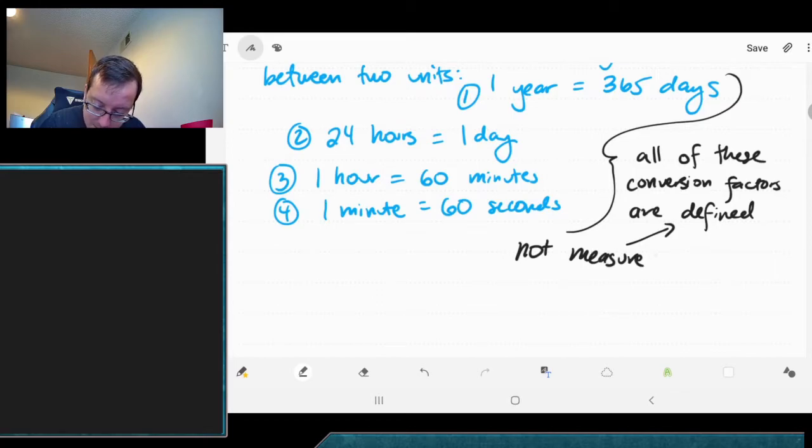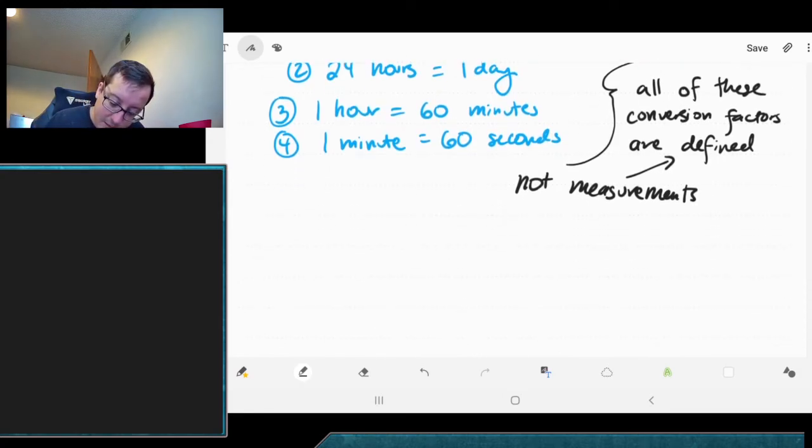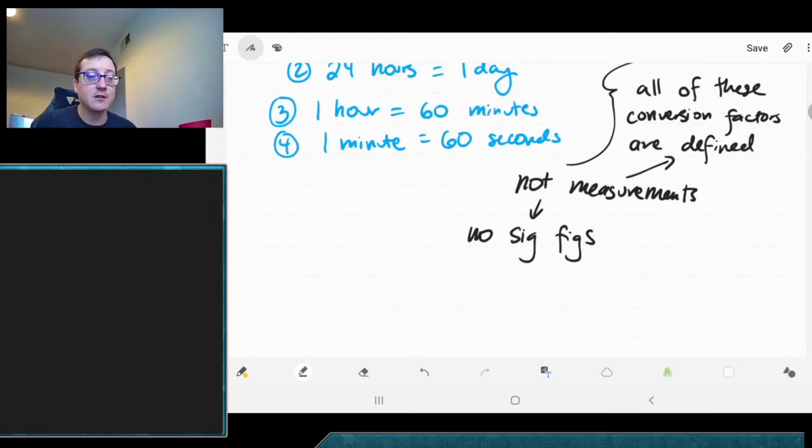No one is measuring 1 hour and measuring 60 minutes and finding they're the same. They're not measurements, they're definitions. And as a result, we don't have to worry about sig figs with conversion factors that are definitions.